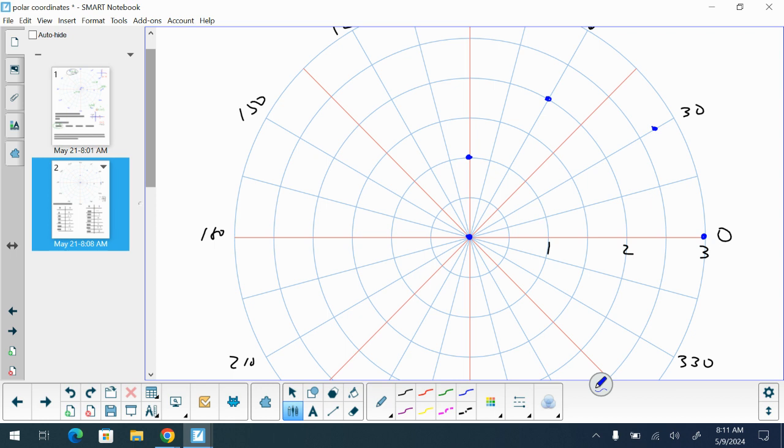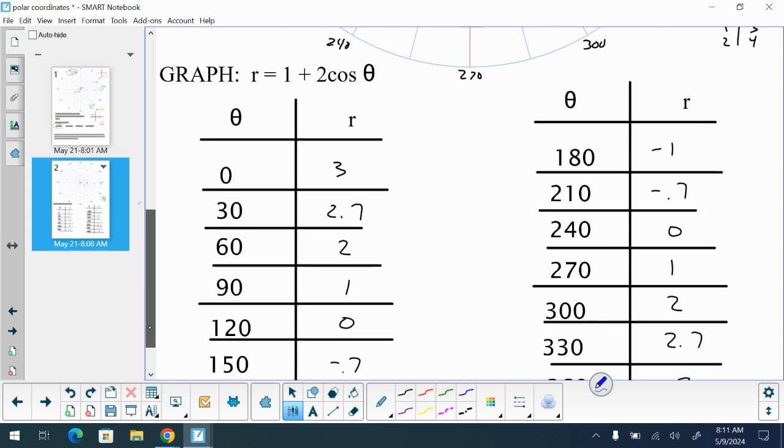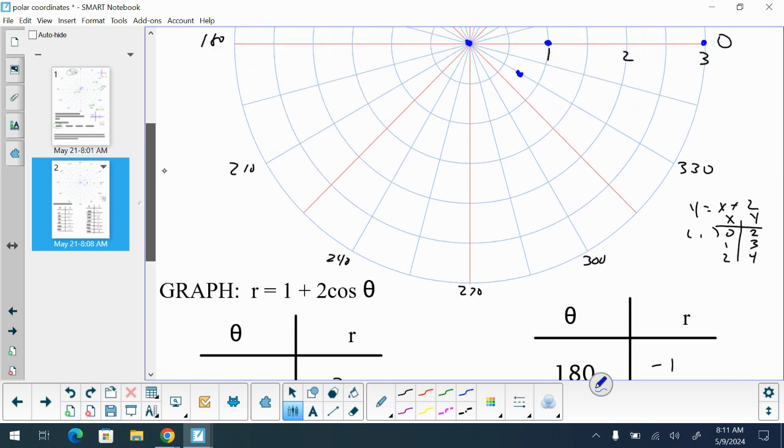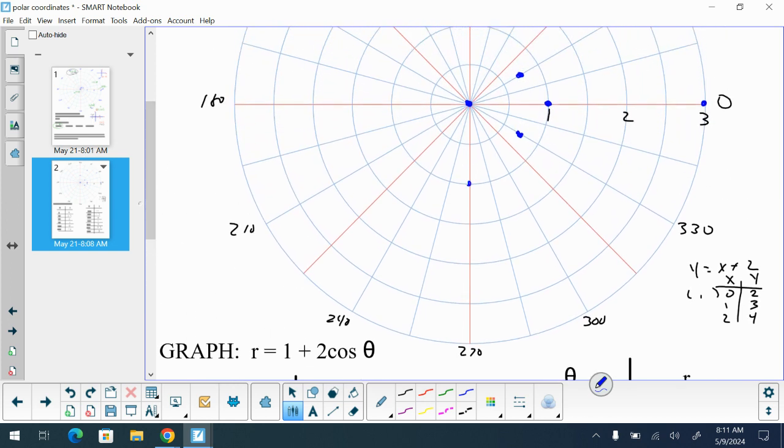So at the 150 line, we have to go back 0.7 into here. At 180, we have to go -1, so we are here. At 210, we are at -0.7, so we are at the 30 line. Then we're back to 0 here. At 270, we are at 1. At 300, we are at 2. At 330, we are at 2.7. And 360, which is the same as 0, we're back at 3.